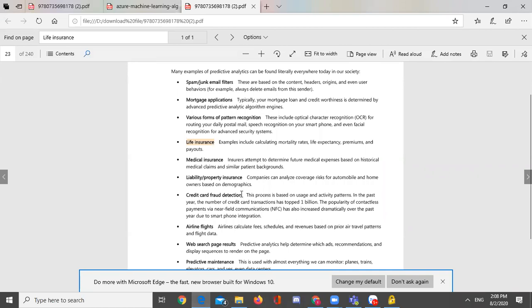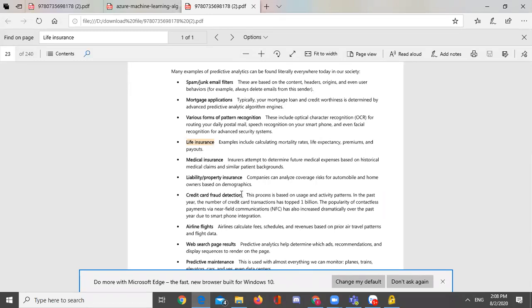So let's try another case: credit card fraud detection. If you want to detect credit card fraud in terms of abnormal patterns, then for cognitive service, what would you guys use? Anomaly.